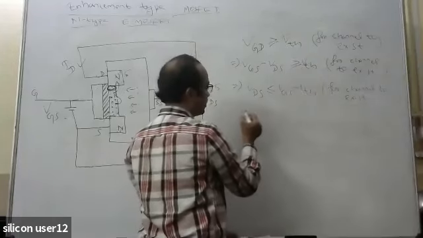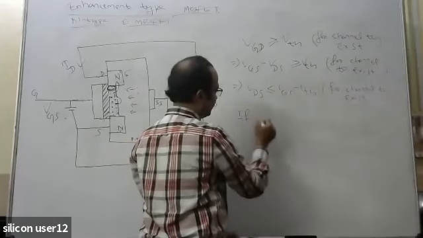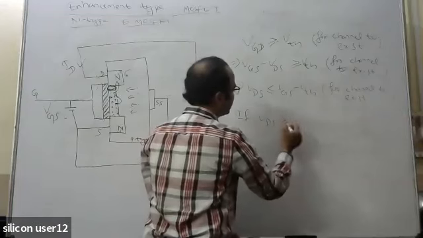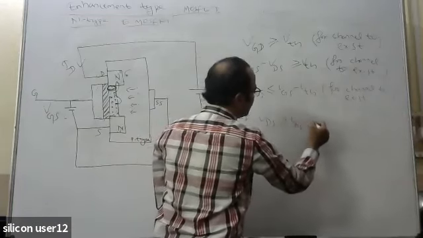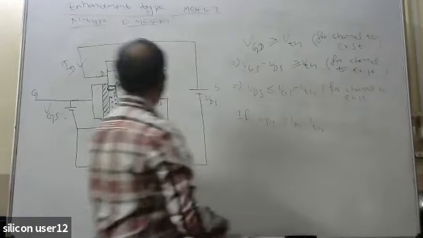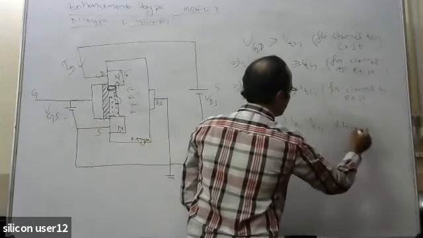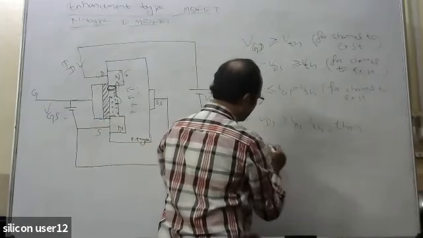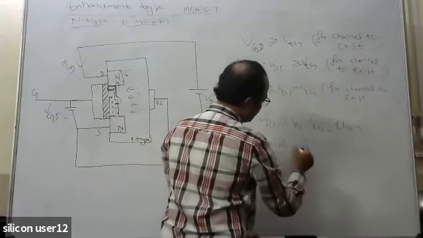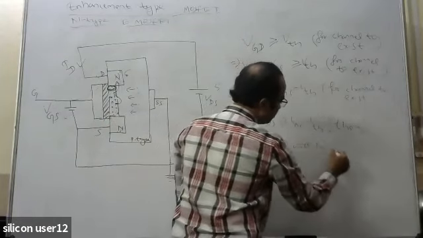That means what will happen? If VDS is greater than or equal to VGS minus VTH, then the channel will be pinched off.